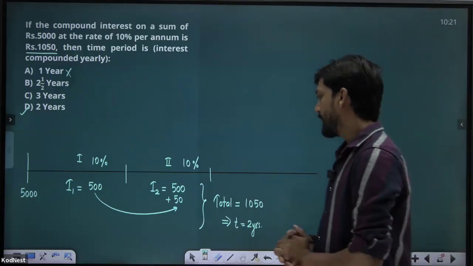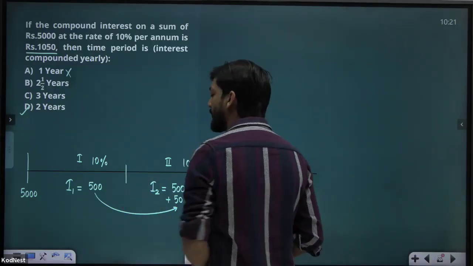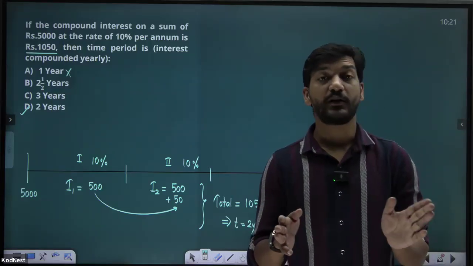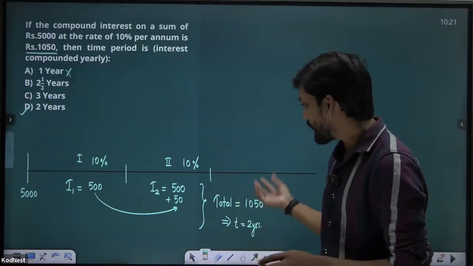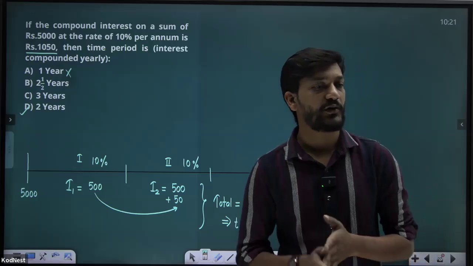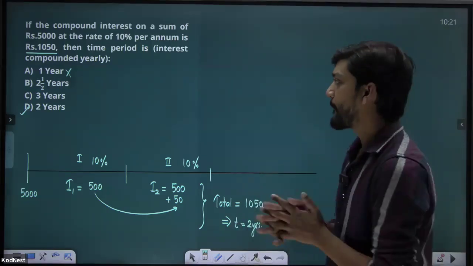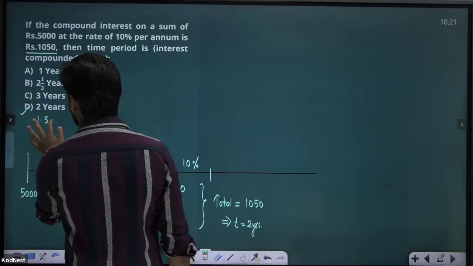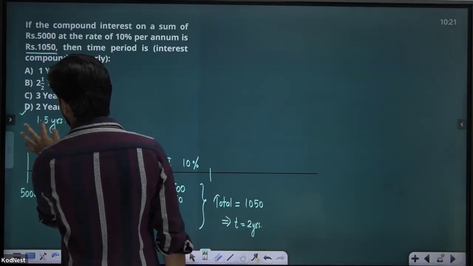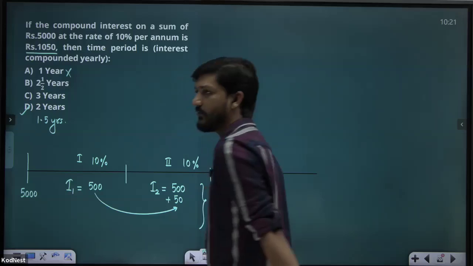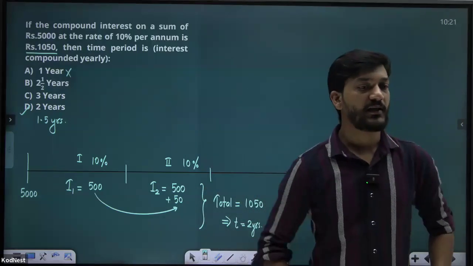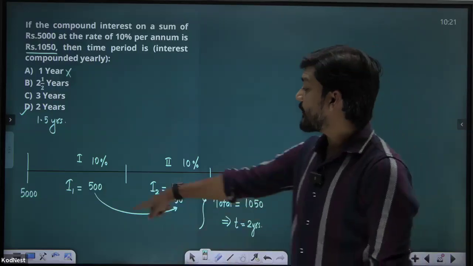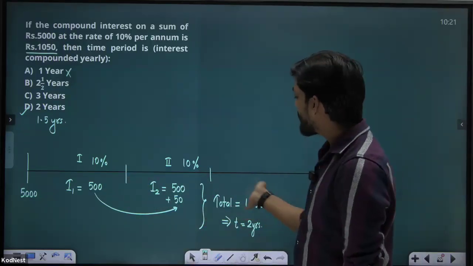Suppose the value is not 500, and the value is not 1050. The value is between 500 and 1050. What will you say? Let's take one more option, 1.5 years. Interest is greater than 500 but less than 1050.